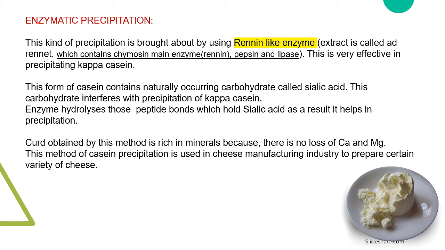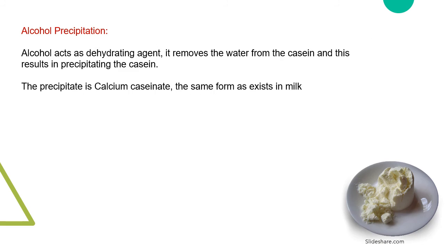For example, a calf means a baby of a cow. So it is extracted from the stomach of a calf, because the infant is still under lactation. There this enzyme will be present which will cause the curdling of milk. So that is how renin is extracted.